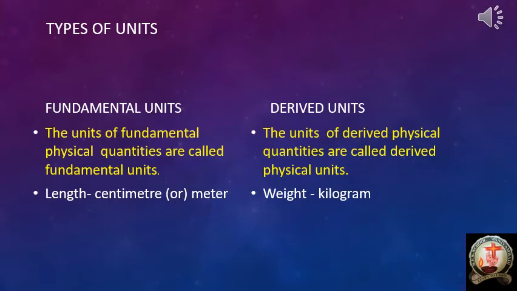Our next concept, and the final concept of today's class, is types of units. Usually units are of two types, fundamental units and derived units. First of all, we can discuss fundamental units. The definition of fundamental units is very easy.